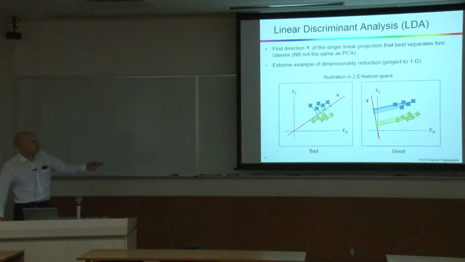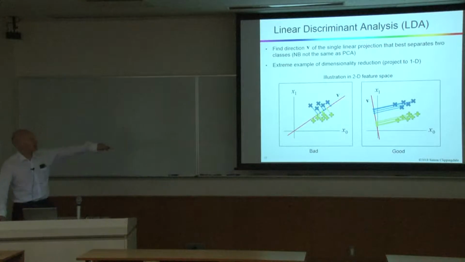So here's a vector v through the origin, and we're going to project all our data of these two classes onto this vector here, and we want to find the direction of the vector that best separates these two projections.